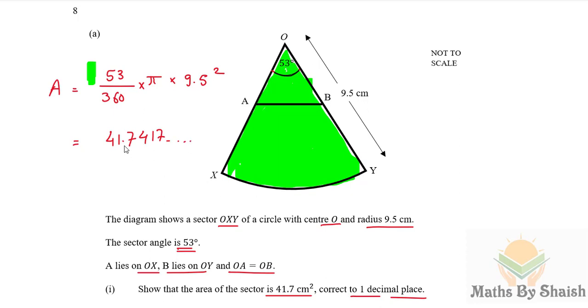So to one decimal place the next number is 4, which is less than 5, so the answer is 41.7 centimeter square, because the unit of the radius is 9.5 centimeter. So that's the first part. Let's discuss the second part now.